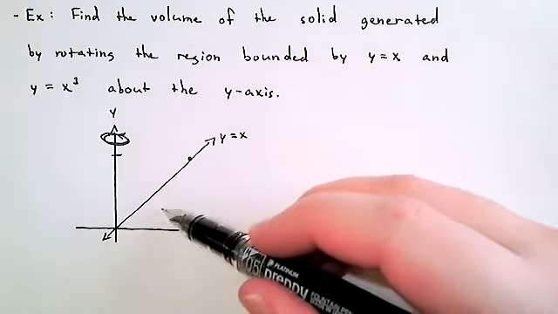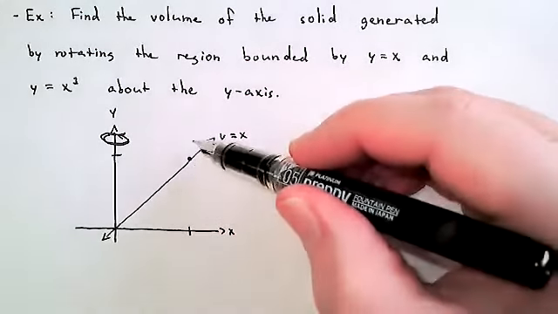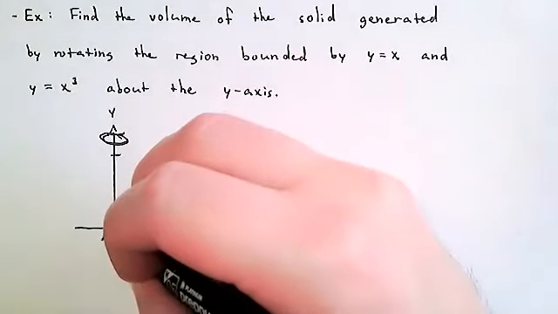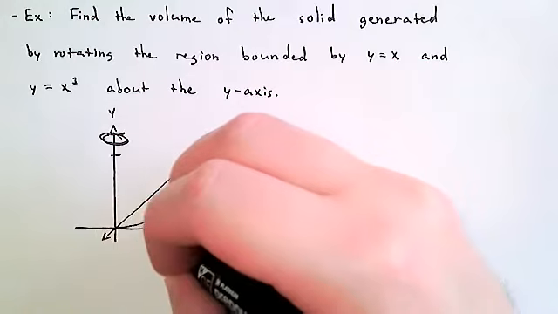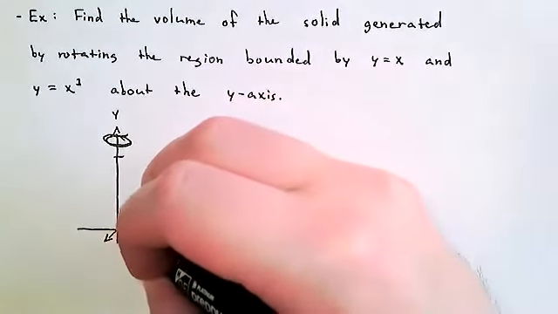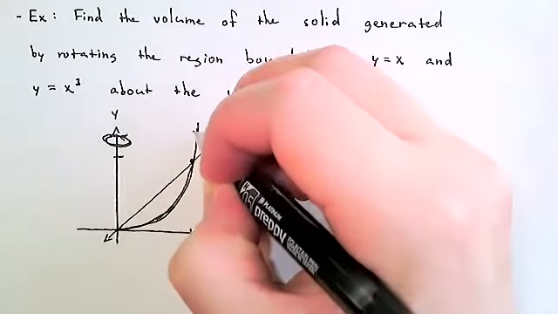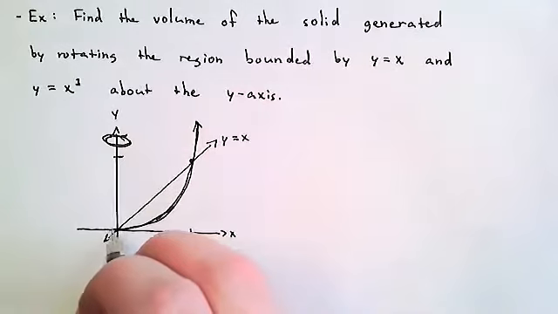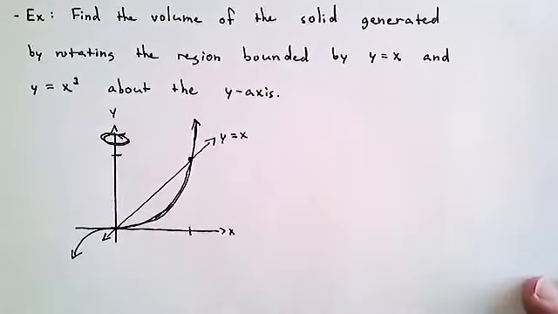So it flattens out as you go into the origin and then becomes steeper. Like this. That would curve off that direction.